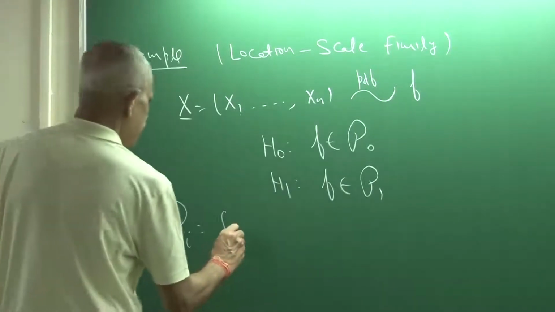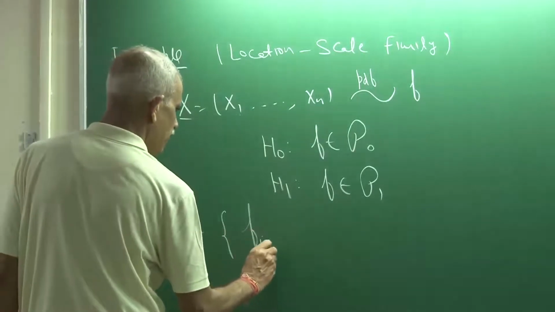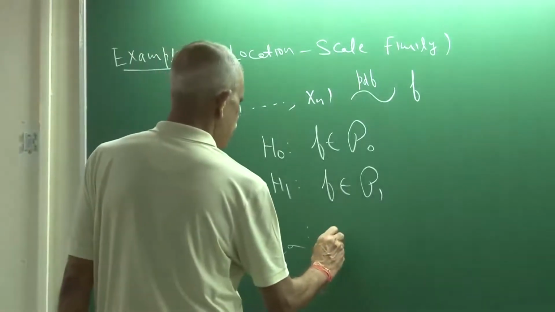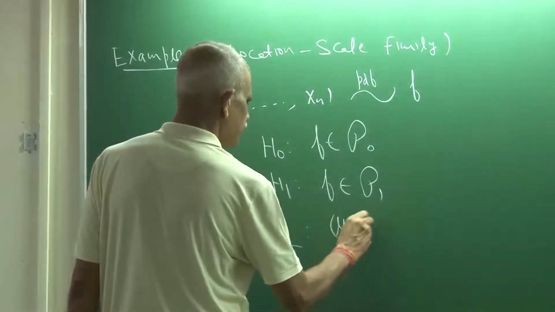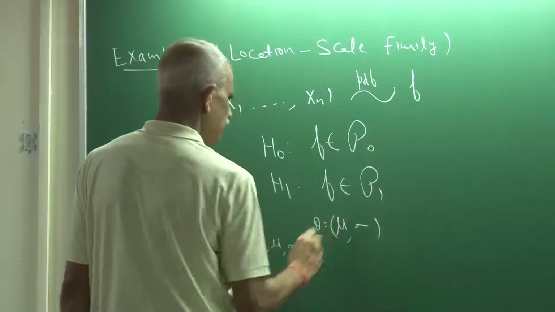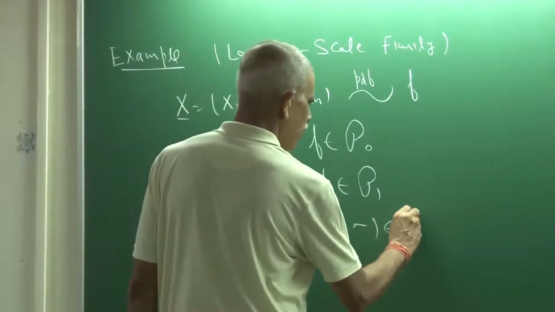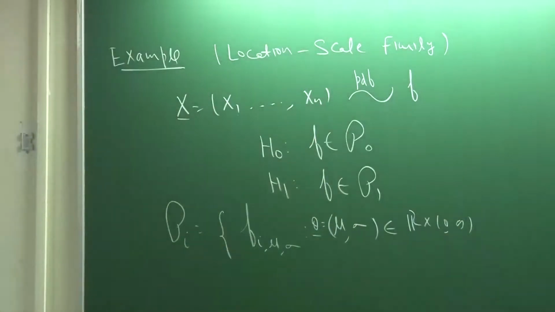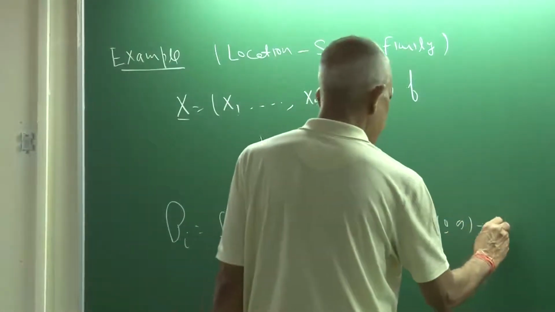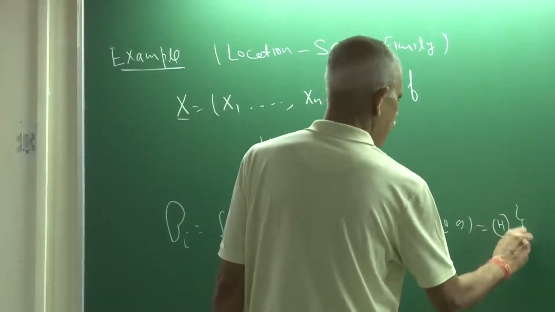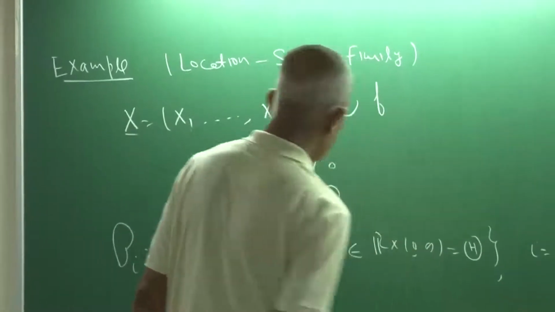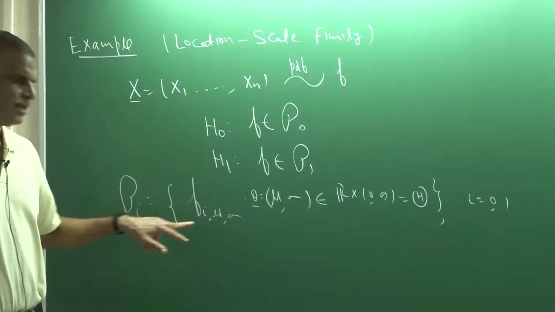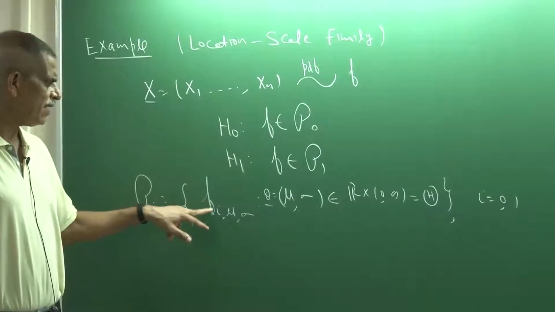So Pi is the collection of all those F_i,mu,sigma such that (mu, sigma), which I can denote by theta, belongs to R cross (0, infinity), which I can call Theta. And here i is between 0 and 1. That means under P0 you have a location scale family F0,mu,sigma, and under P1 you have another, F1,mu,sigma.